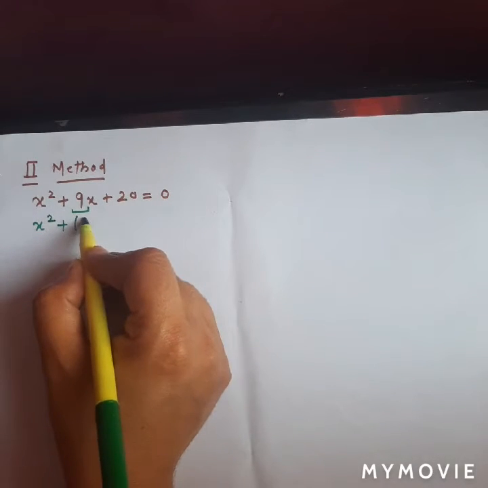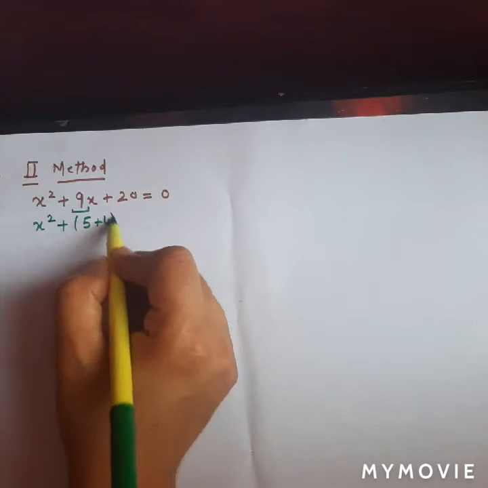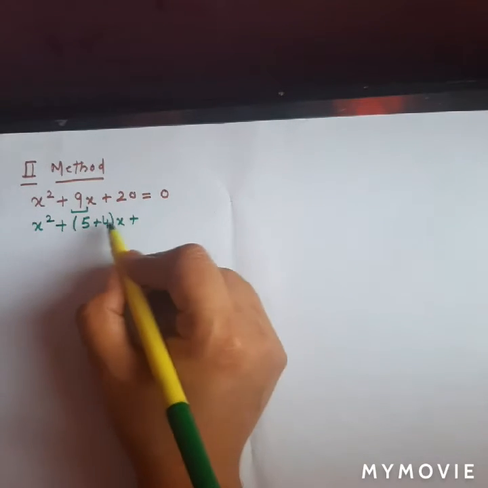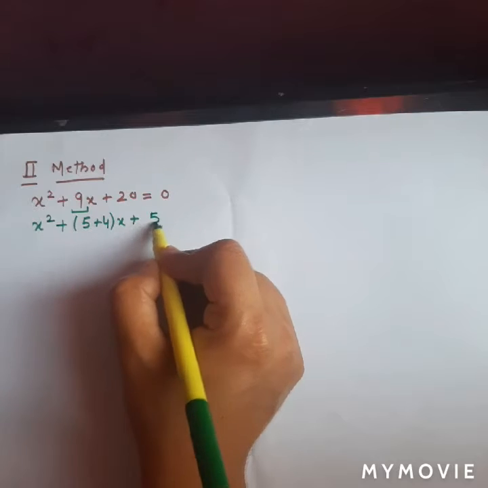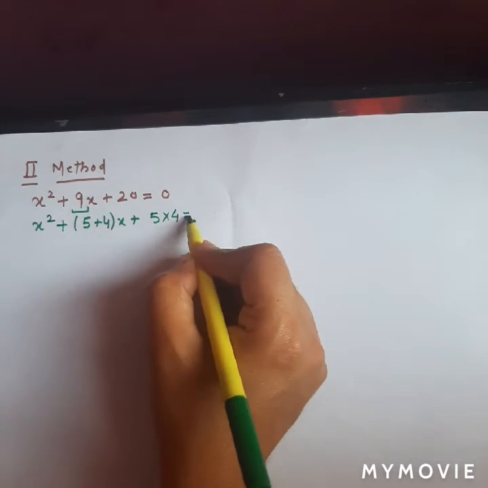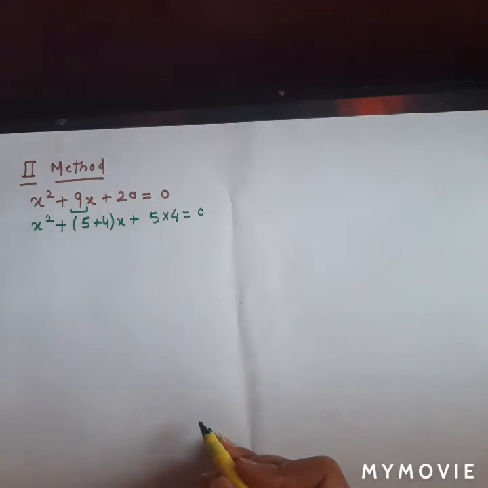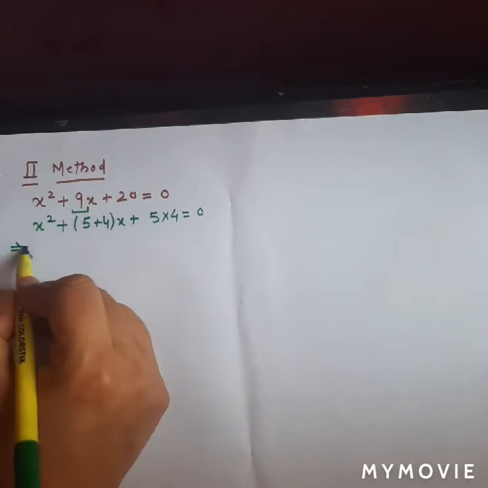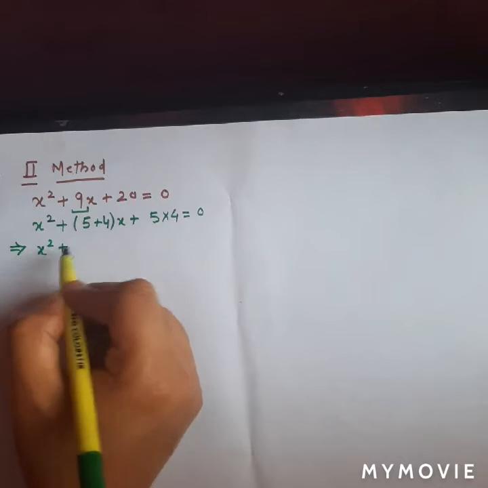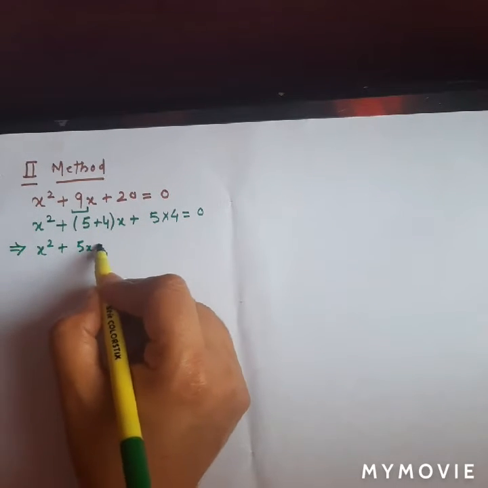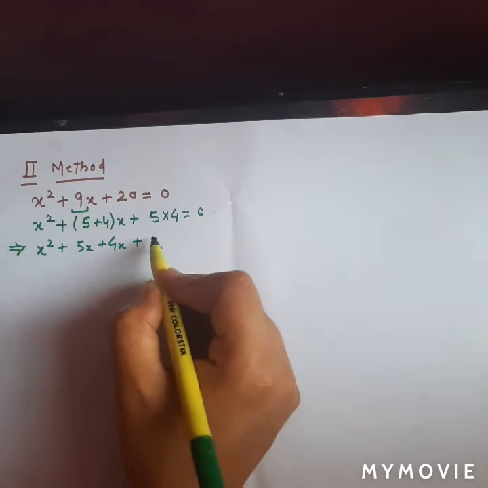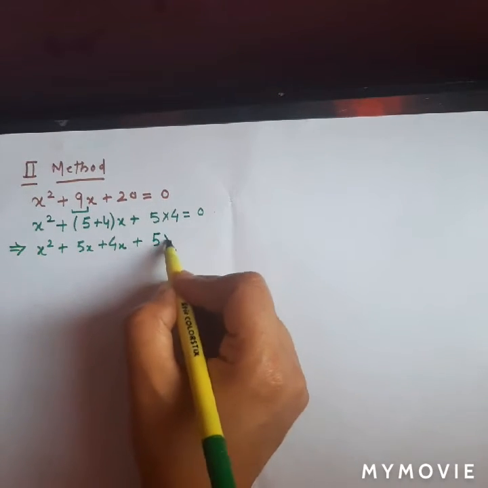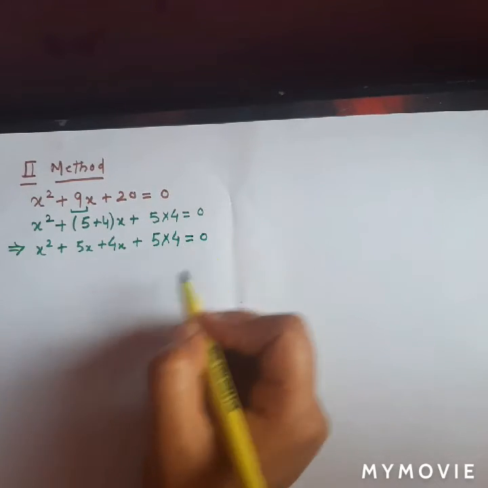I would write 5x plus 4x, and here the product of the same two integers, 5 into 4, is equal to 0, right? Now solve this expression: x square plus 5x plus 4x plus 5 into 4 is equal to 0.